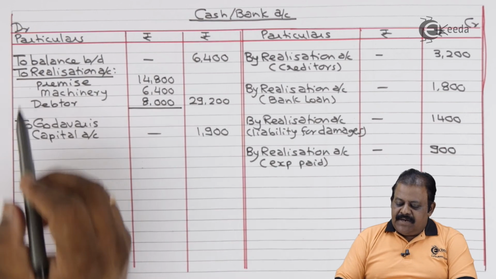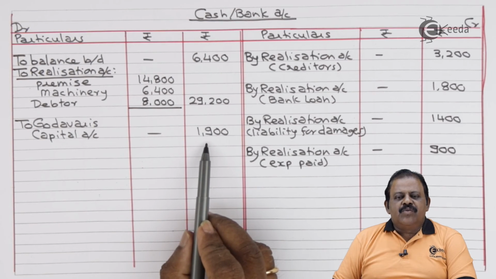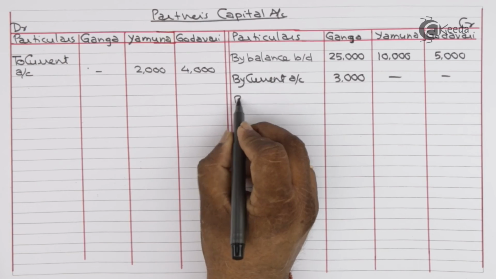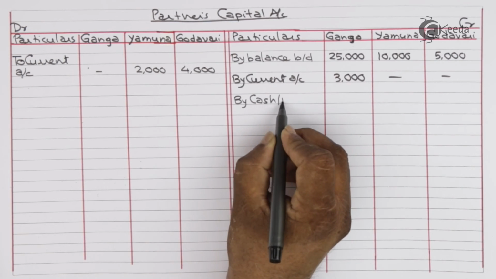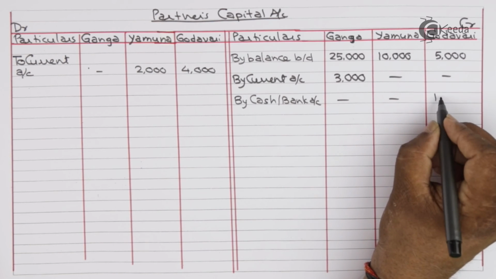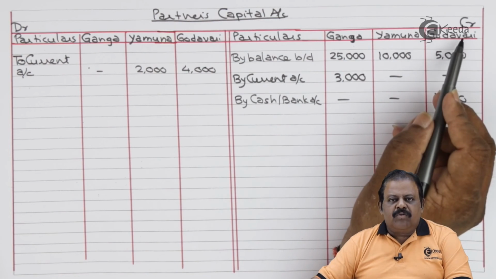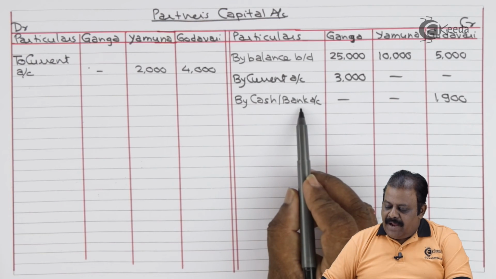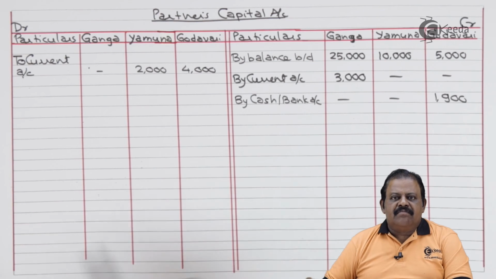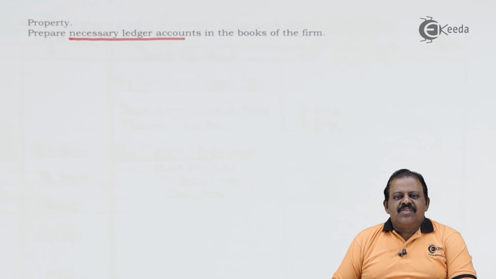Cash bank account debit side to Godavari's capital account 1,900. Godavari's capital account credit side by cash bank account 1,900, amount received from her private estate. With this, we have recorded all adjustments.